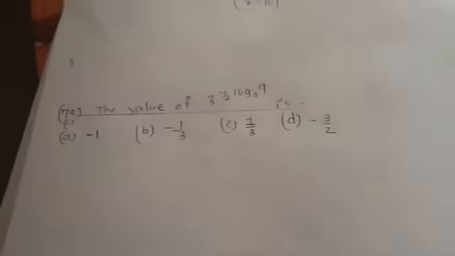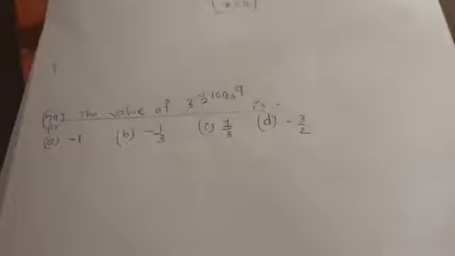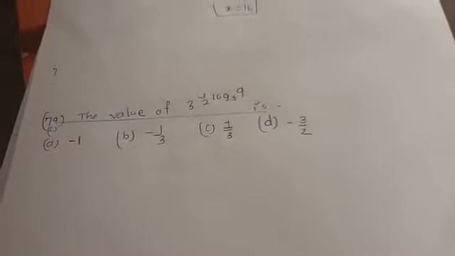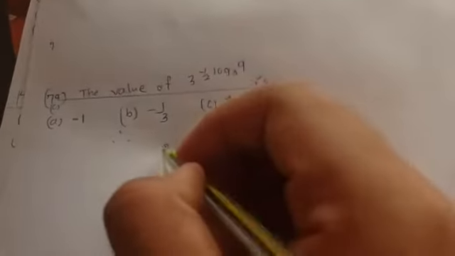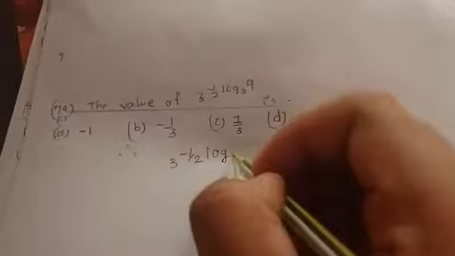79th question, the value of 3 raised to minus 1 by 2 into log base 3 of 9 is, we first write this expression 3 raised to minus 1 by 2 log 9 to the base 3.